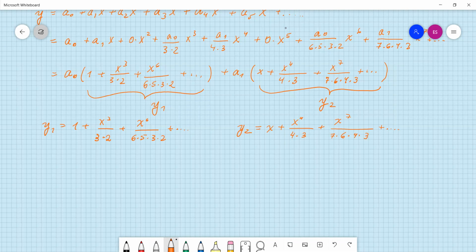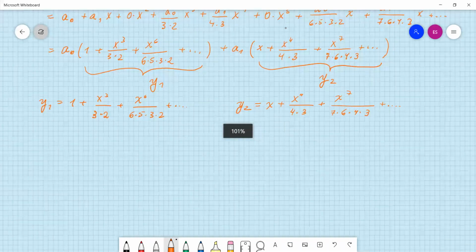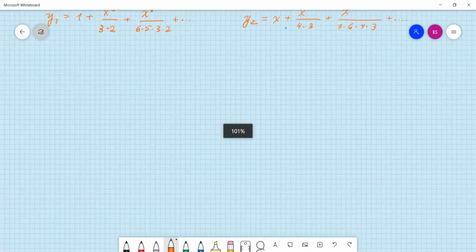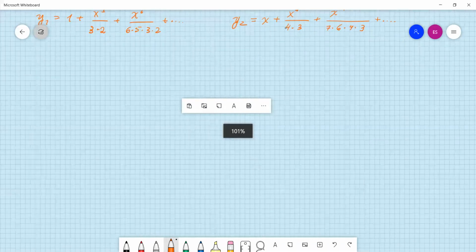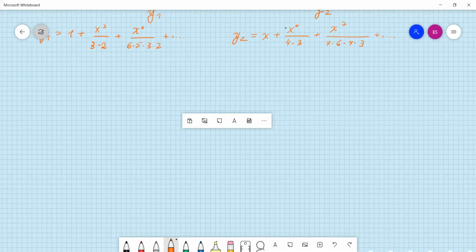And I think we can move to example 3. Let me scroll up a little bit. One more example. Here is an equation about a different point. So we are going to have powers of a different series. Example 3.